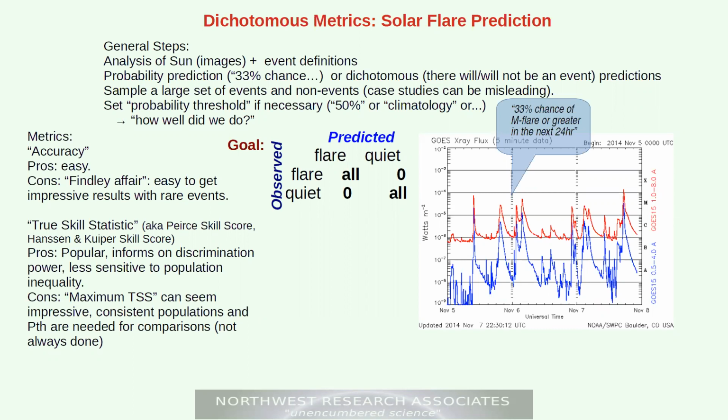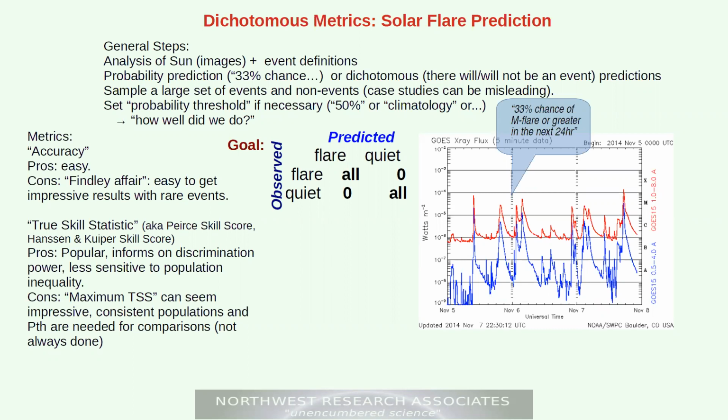There's also the true skill statistic, which is one of these measures that should be able to tell you how much better you're doing than default, and it's very popular. It's less sensitive to changes in how rare your rare event is. But you can also get very impressive looking scores by not telling all the things.